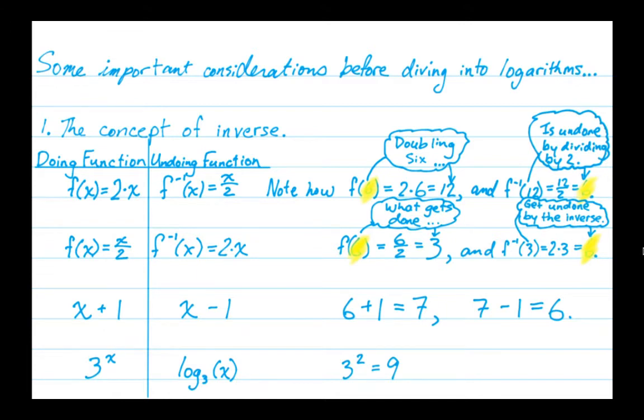If I use 2, and what I do to the 2 is I go 3 to that 2 and I get 9. Now if I take that and plug it into the logarithm, and I do log base 3 of 9, I get back the 2, which is the number I began with.